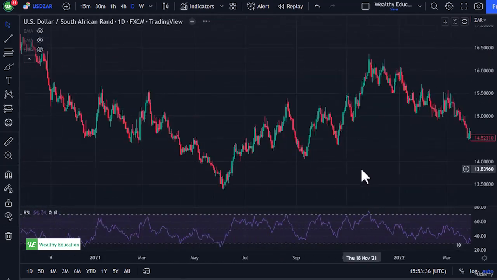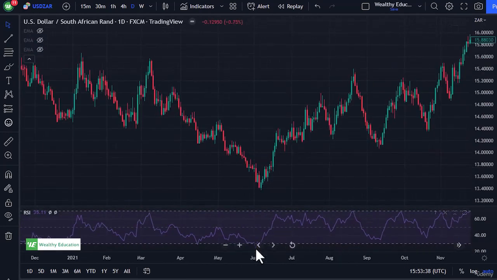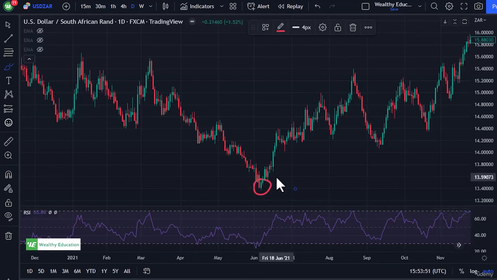So anyways, that being said, you can see that we had broken down below the range of normalcy, if you will, into an oversold condition as the dollar fell against the rand. We touched this right here and then pulled back.